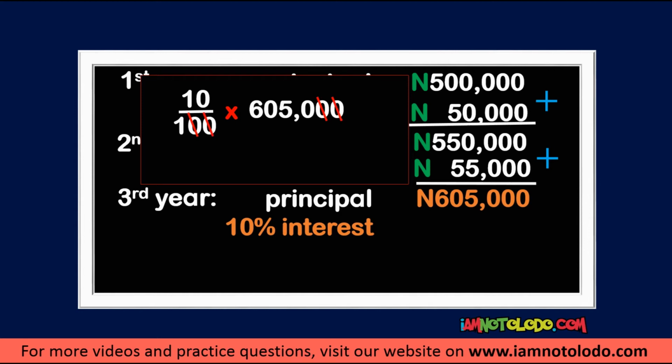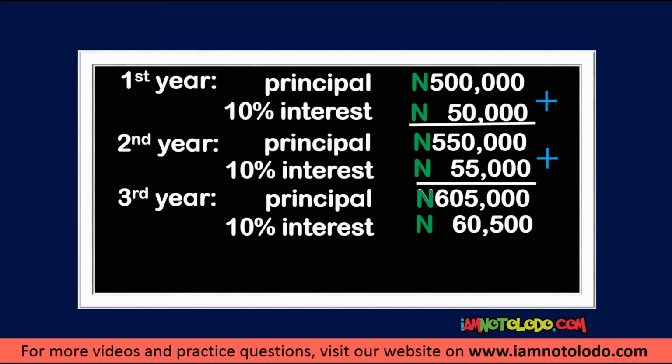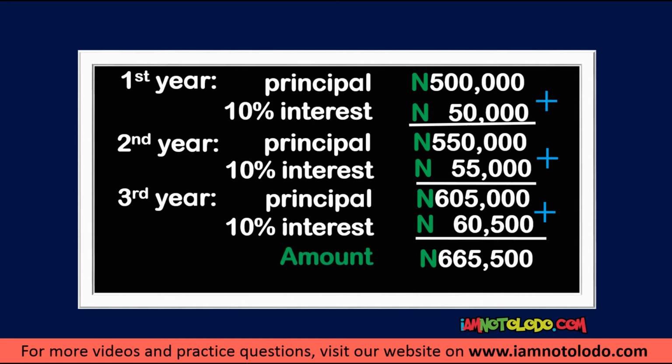When you multiply, we have 60,500 naira, right? Good. So it becomes 60,500 naira. So when you add this, it will give us 665,500 naira. So this is the amount.